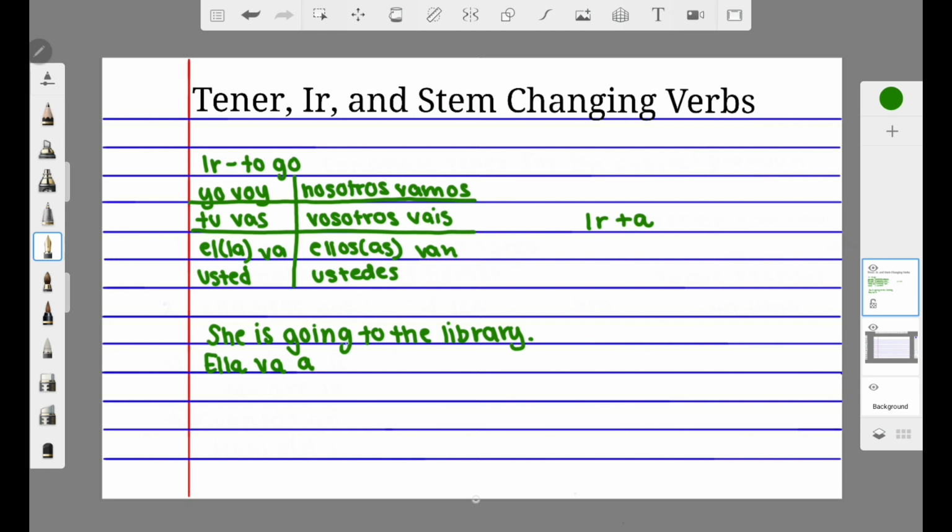This means she's going to, because ir is just to go. So if you just say ella va la biblioteca, then you were saying she is going the library, which doesn't make sense. So remember to always include that a. Ella va a la biblioteca.